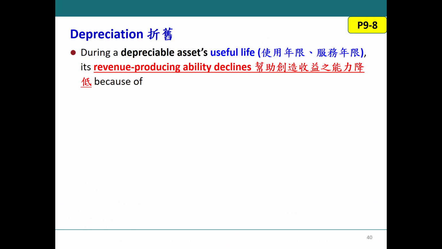So that's why, with depreciation, we say it means your PPE's value decreases. Your PPE's ability decreases. It also means your PPE's value decreases.